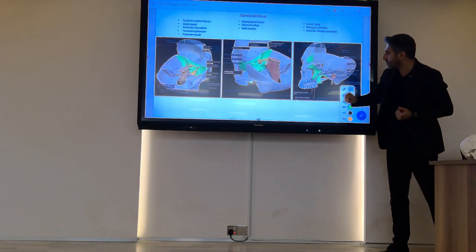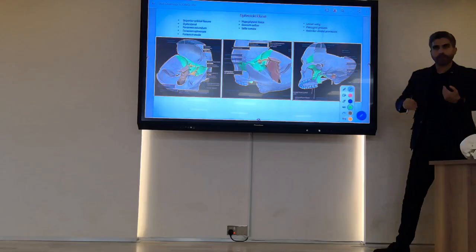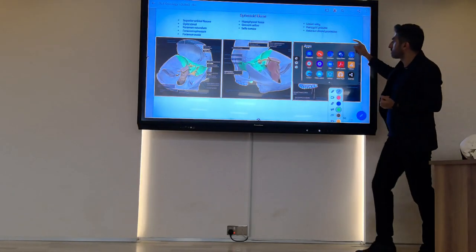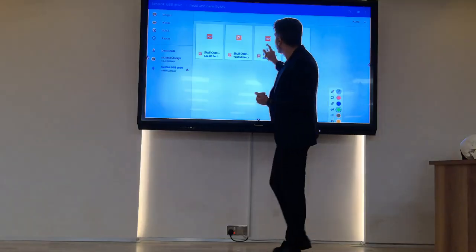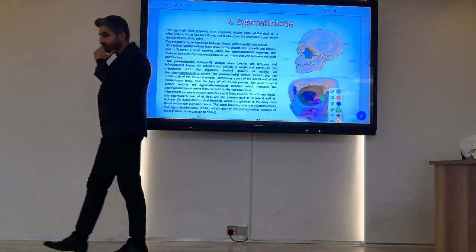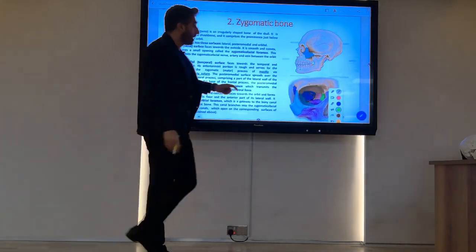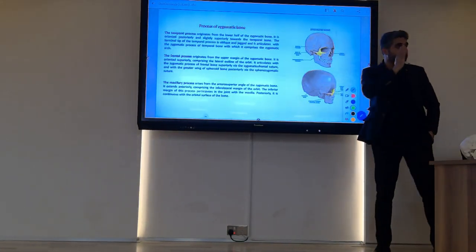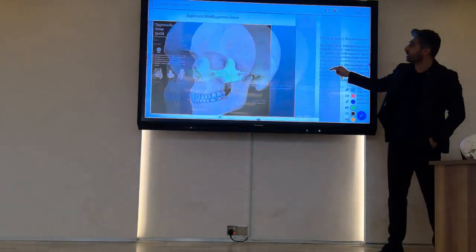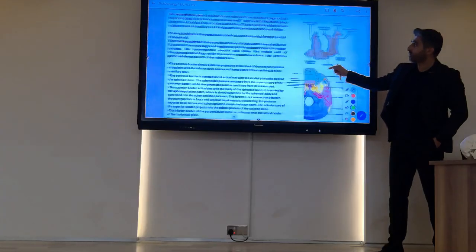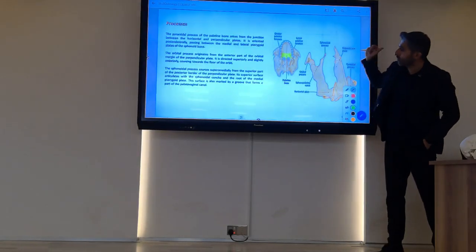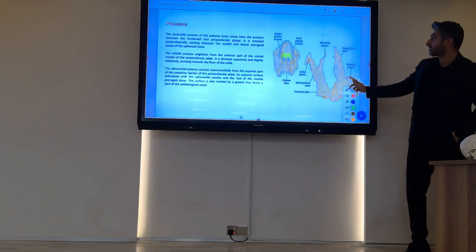It completes the pterygoid fissure between the medial plate and lateral plate. So for the palatine bone, you should know the location: in the hard palate, in the lateral side of the nose. You should know the three processes: orbital process, sphenoid process, and also pyramidal process.